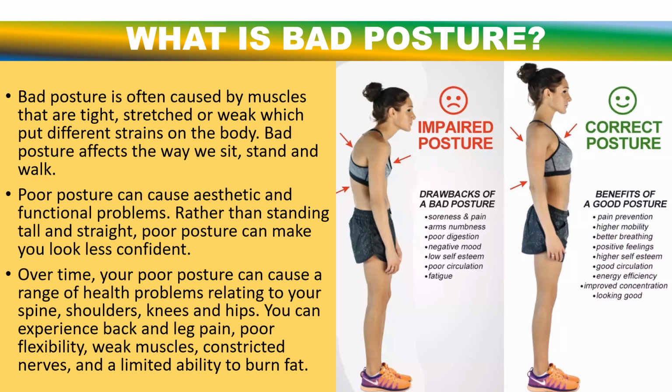It helps to identify what poor posture is. If we are not able to sit properly, stand properly, or walk properly, it means we do not have the right posture, right?